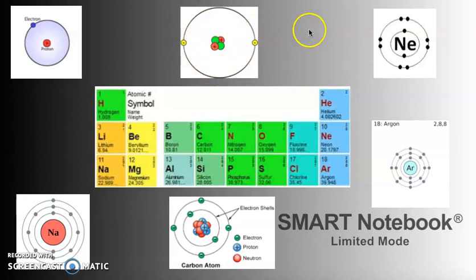Here we have neon, which has 2 in its first shell, but it also has a complete 8 in its second shell. Argon here has a complete 2, then a complete 8, and then another complete 8 outside right here. So you have sodium, which is all complete except its outer shell has just 1. So you kind of see what patterns are happening.